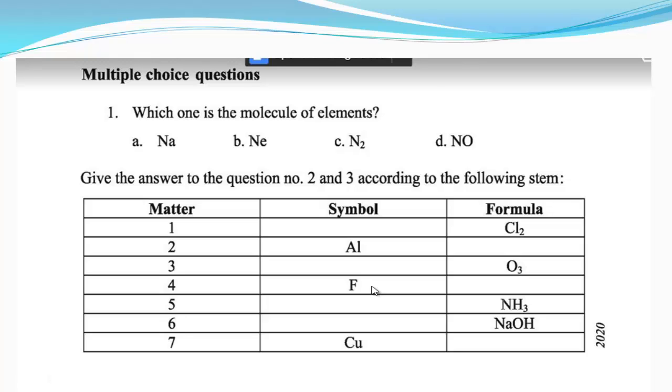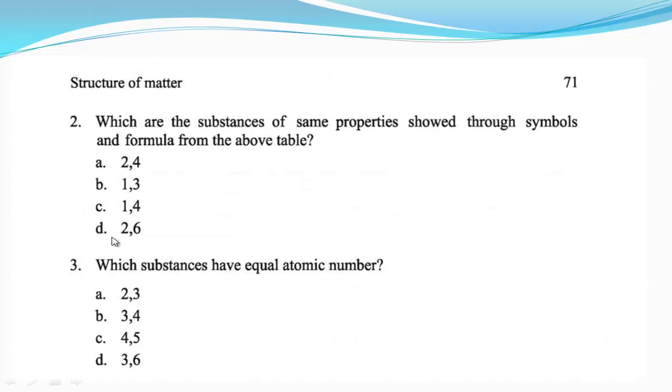At that time you can easily answer this type of question. So here fluorine and chlorine are elements of same properties because they are present in the same group 17. For this their properties are the same. So the answer will be what? 1 and 4. So C will be the answer.